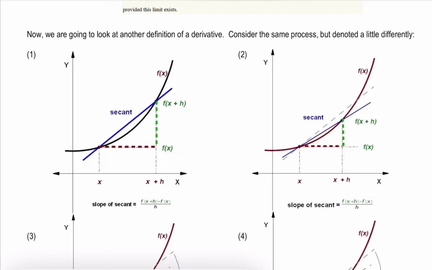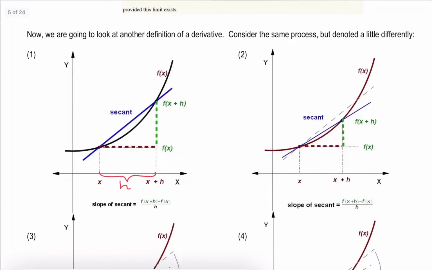So we say, okay, x is my point of tangency of interest here. What I'm doing then is going out a distance of h units away. On the x-axis here, I go from x to the right h units away, and that gives me another point, which can be expressed as x plus h.